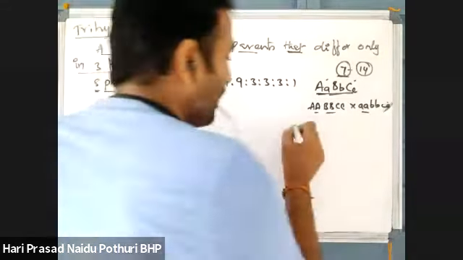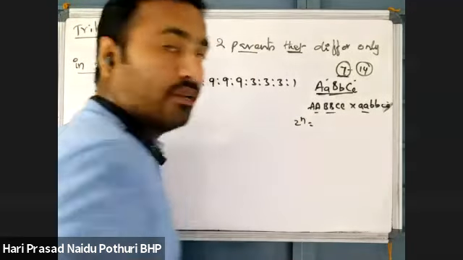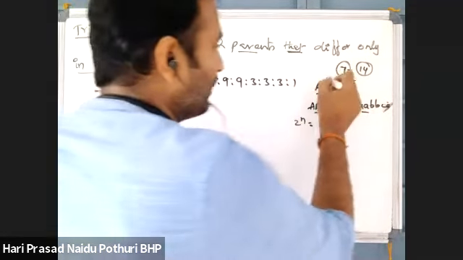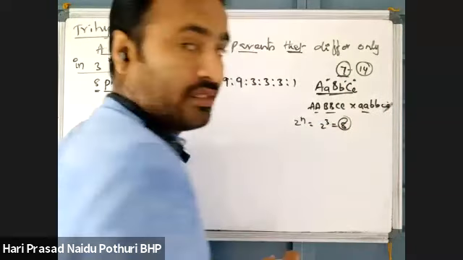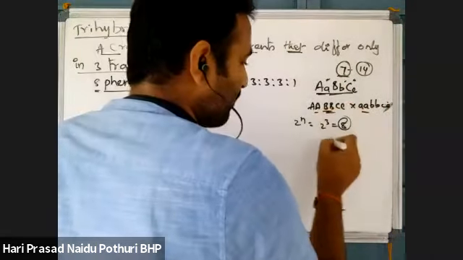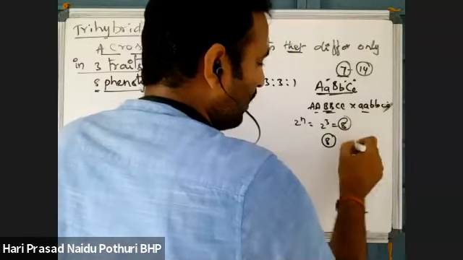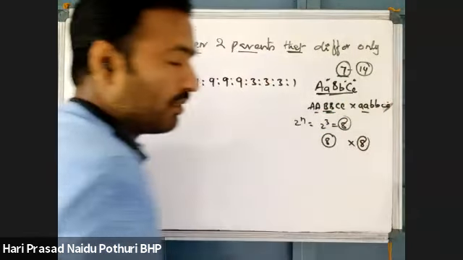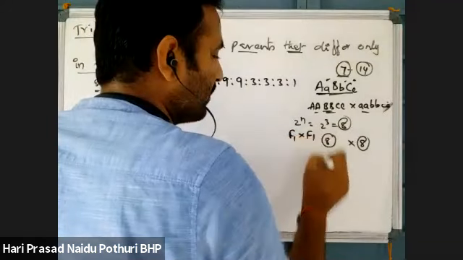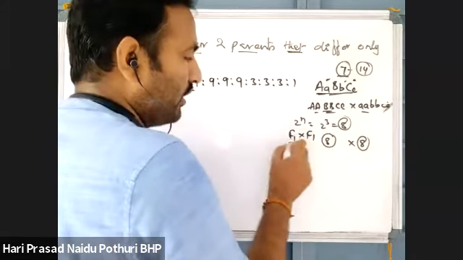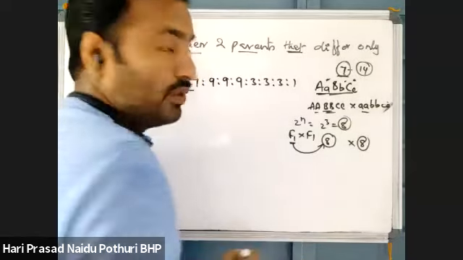So what is the number of possible gametes? According to the 2 power n formula, n is here 3, so 2 power 3, 8 possible gametes. 8 gametes are possible from one parent and 8 gametes from another parent. When one F1 is crossed with another F1, each will produce 8 gametes.